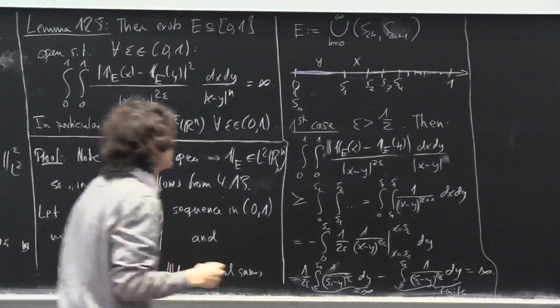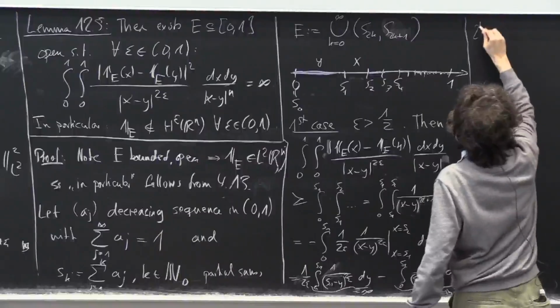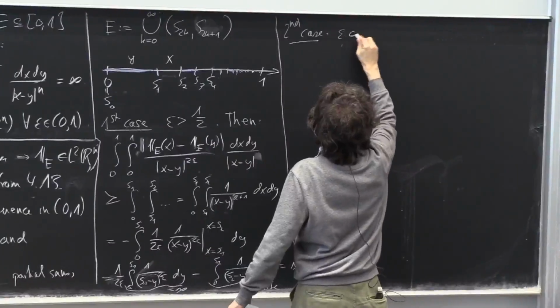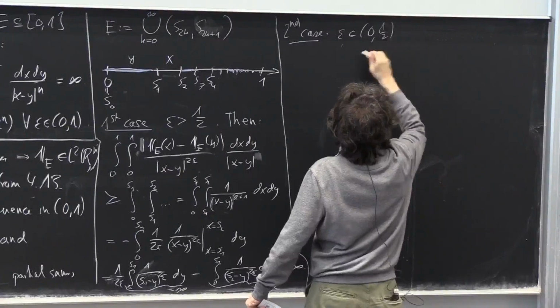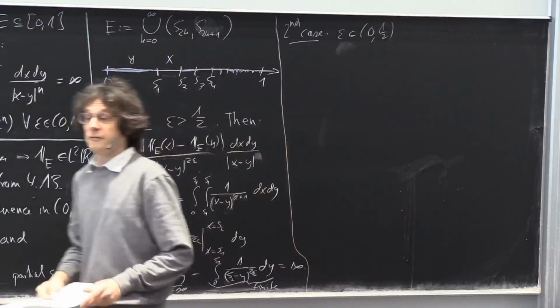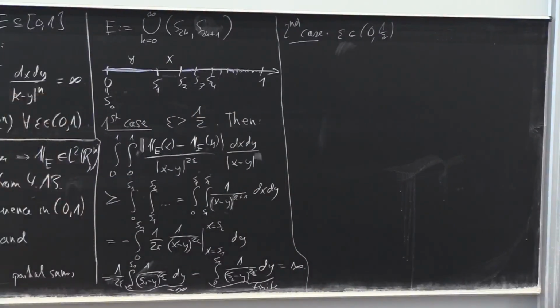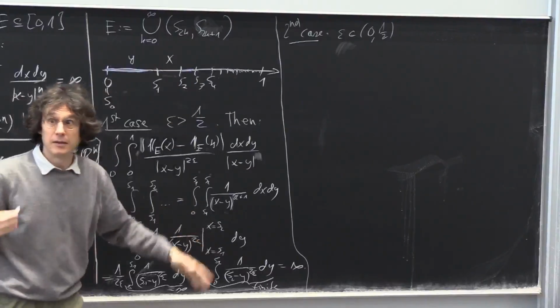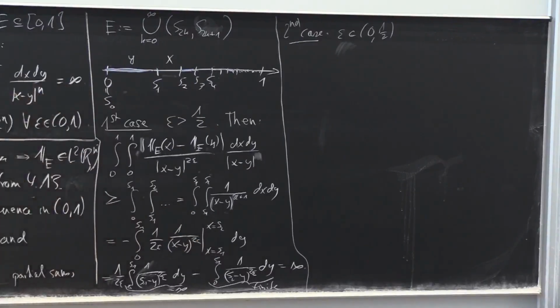But the more interesting case is the case where epsilon is between 0 and 1/2. And you see, for the first case, I didn't even need my sequence to be very sophisticated. I just needed that it has one jump. I just needed that there is an interval where it's 0 and an interval where it's 1 that are close together.